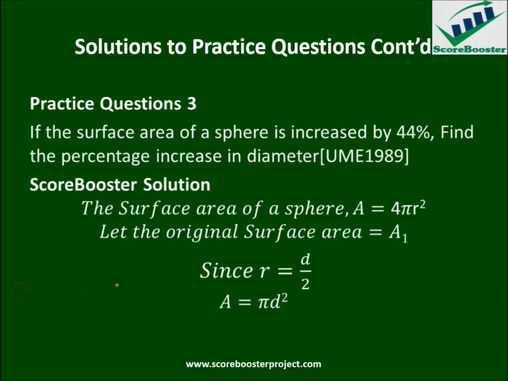Here, 4 pi r squared: when you substitute r with d over 2, you have d squared all over 4. So the 4 will cancel out, and then you have pi d squared. That's how we arrive at A equals pi d squared.